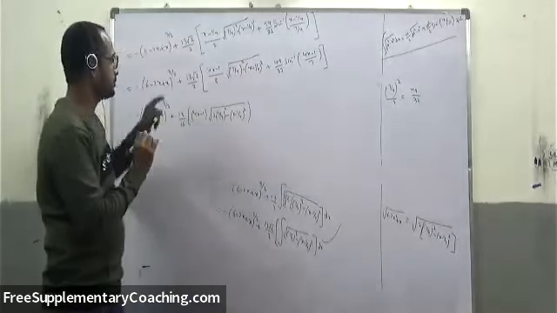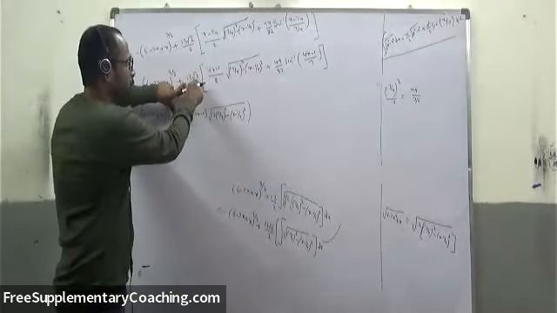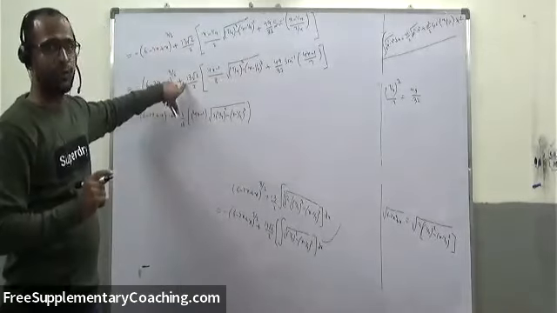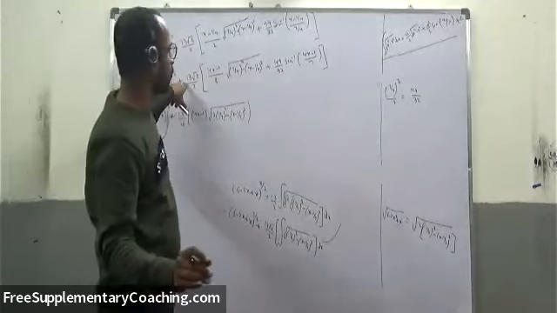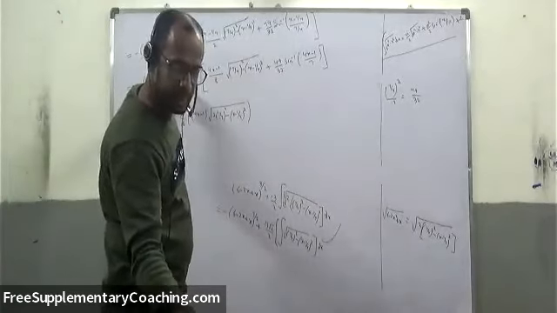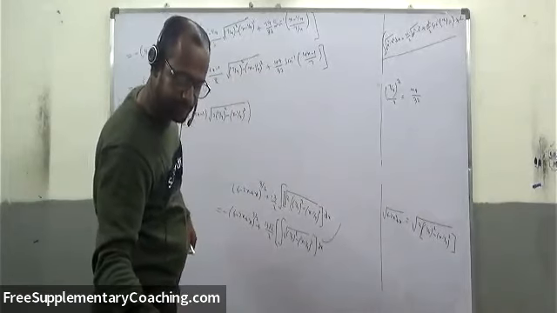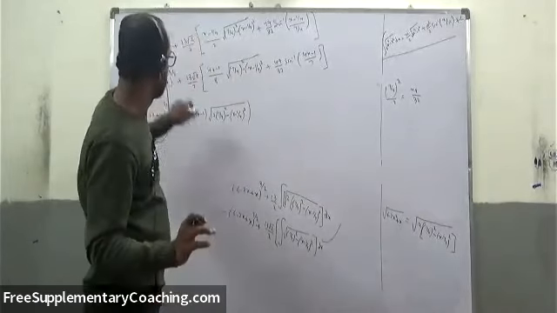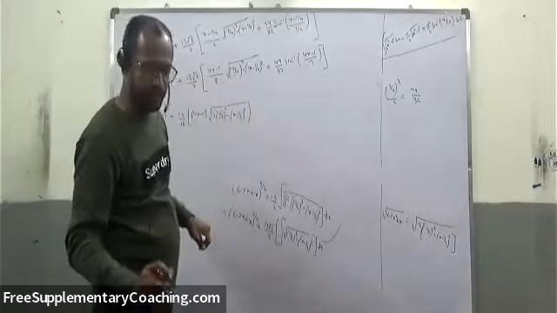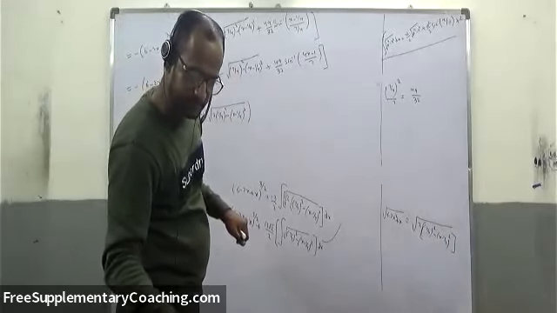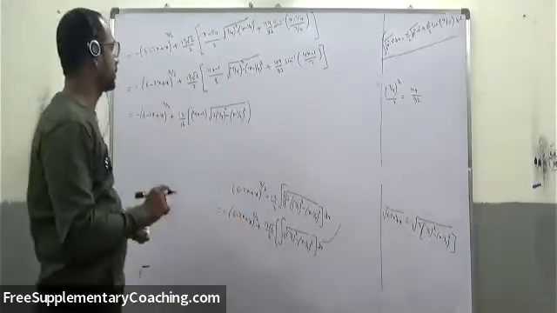Now 13 root 2, 13 into 49. How much is 13 into 49? I think it is 637. Yes, 637.